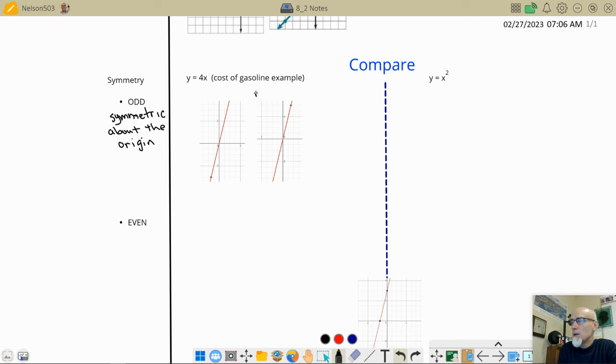This got rotated 180 degrees, and it ends up the same as the original one. Okay, so that's what it means when you just graphically look at them. Symmetric about the origin means odd function.